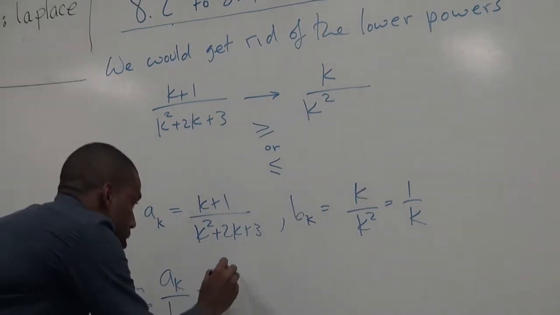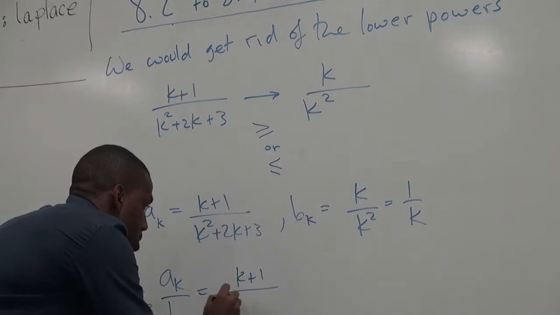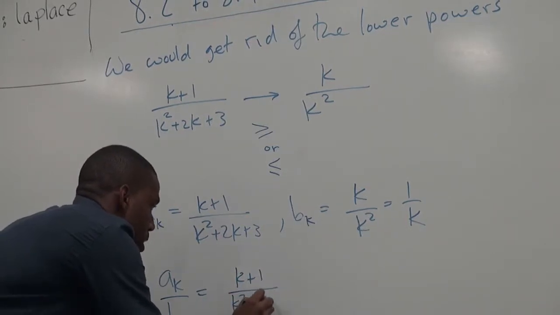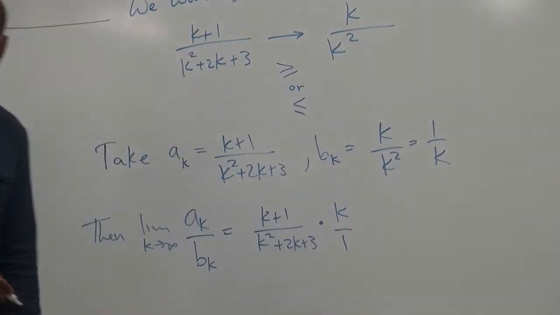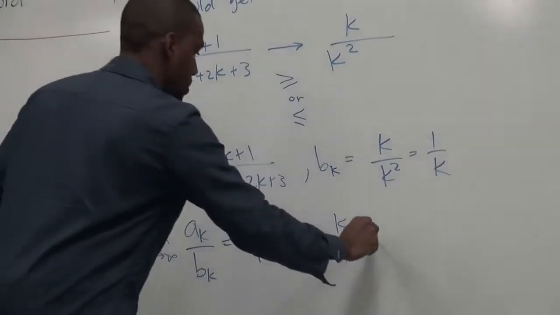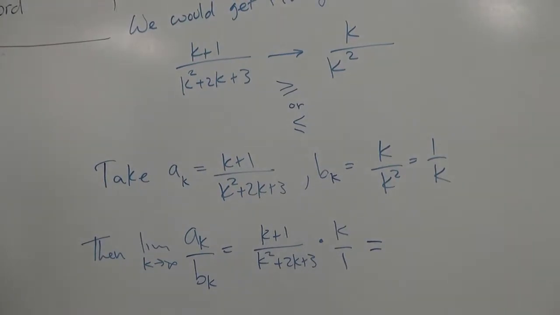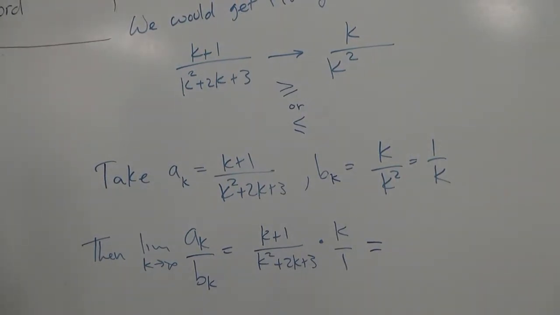This would actually be k plus 1 over k squared plus 2k plus 3 times k over 1. Now, what's that limit?